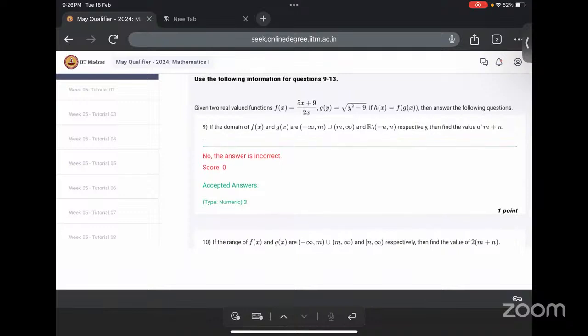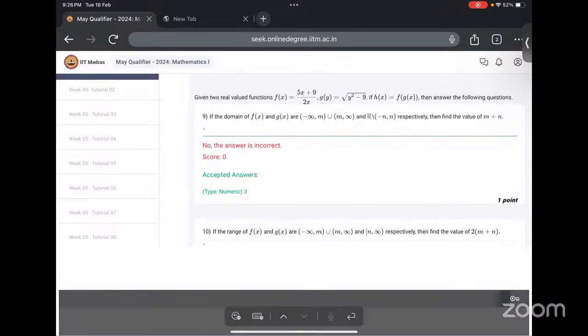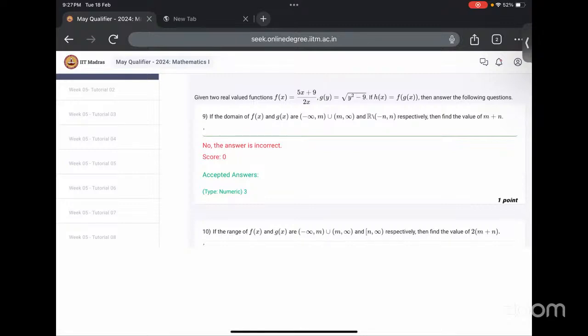Compute H. Then compute the domain of H. Can you find? What is H?